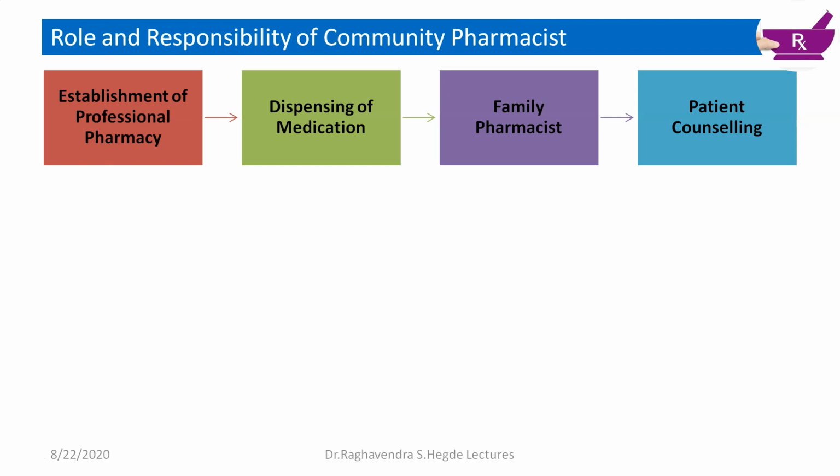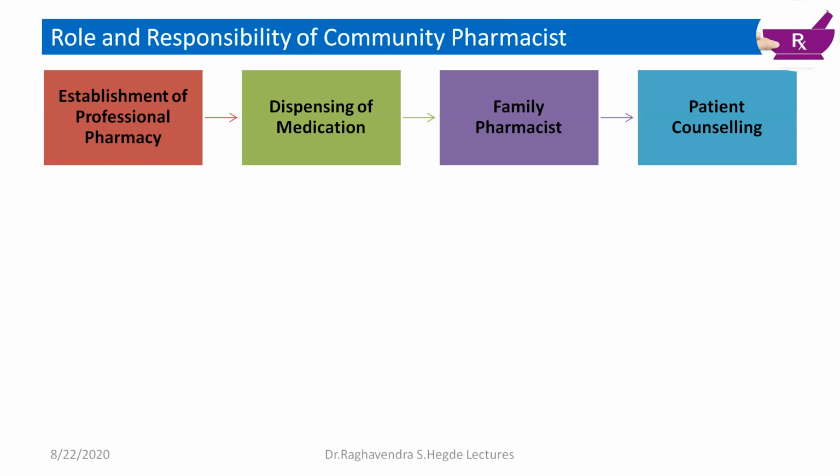So the pharmacist can provide unbiased information regarding drug or disease, which will be written in the local language, and he can provide PILs, that is patient information leaflets, which will be written possibly in the local language. So the pharmacist is providing unbiased patient information through patient information leaflets.